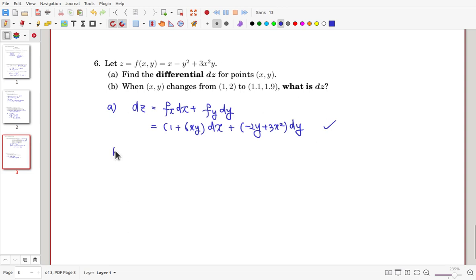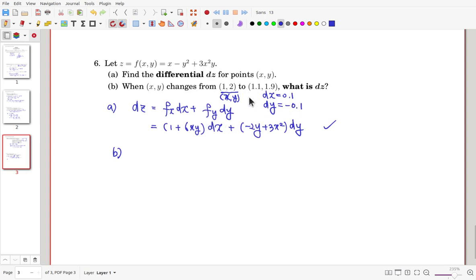Now for part B, (x, y) changes from (1, 2) to this one. That means x is moving from 1 to 1.1, so that dx is 0.1, increased by 0.1, and y is reduced by 0.1, so that dy equals minus 0.1.